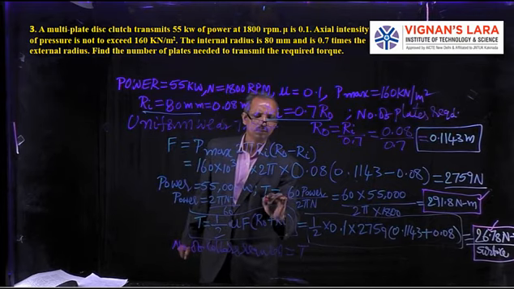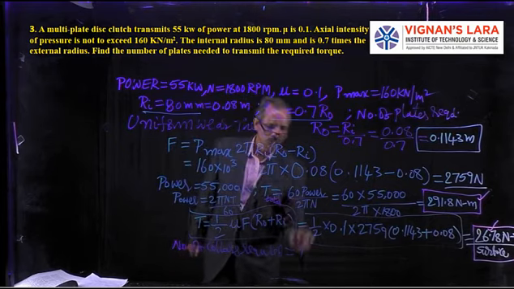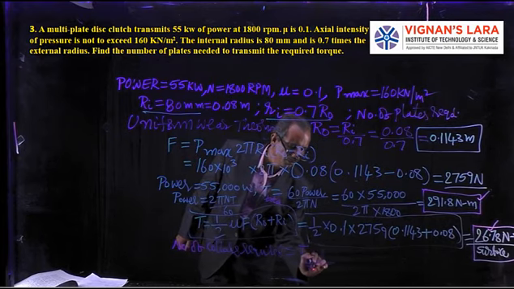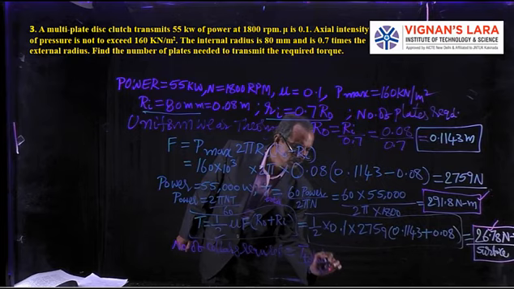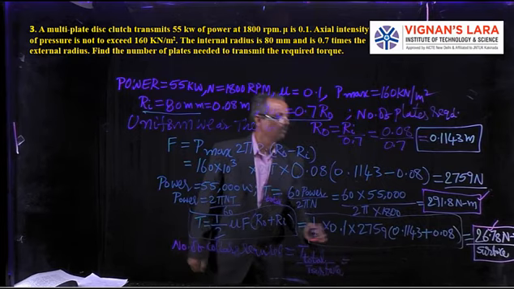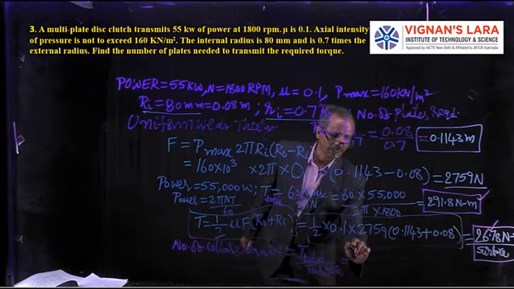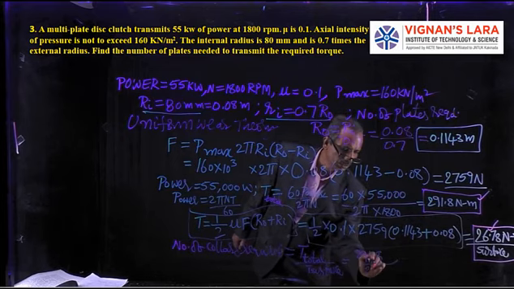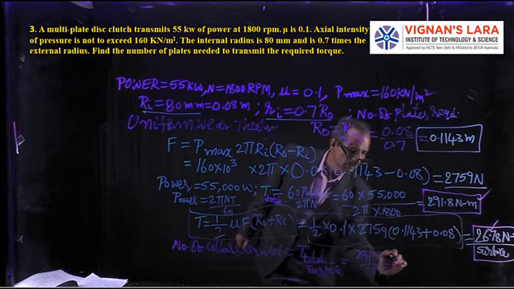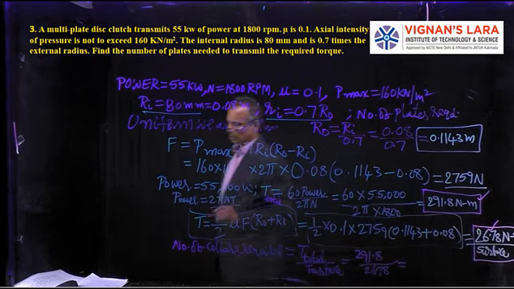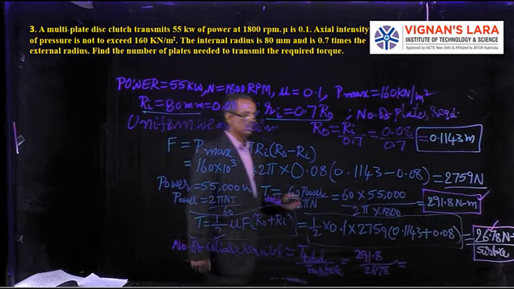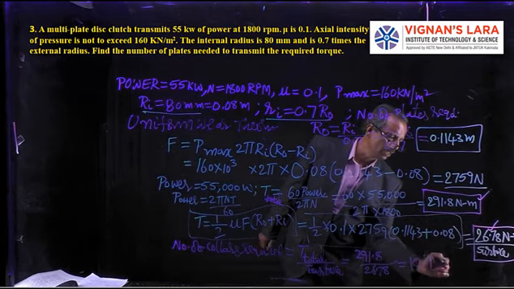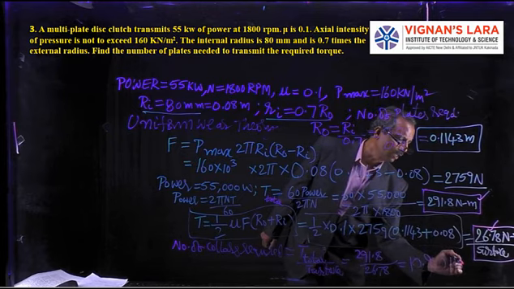T total is 291.8 by 26.78. So how much do you get? This is around 10.9, or approximately 11 contact surfaces.